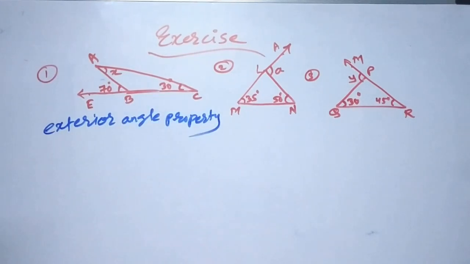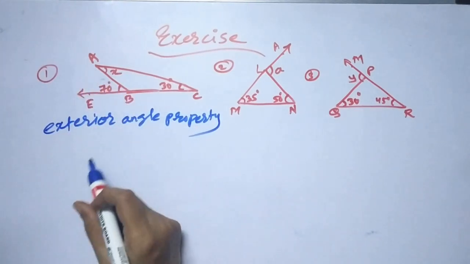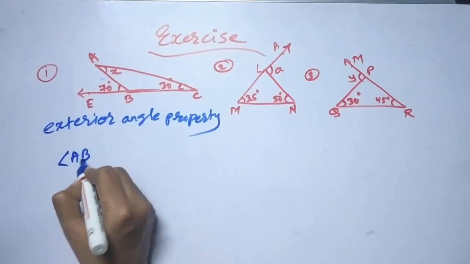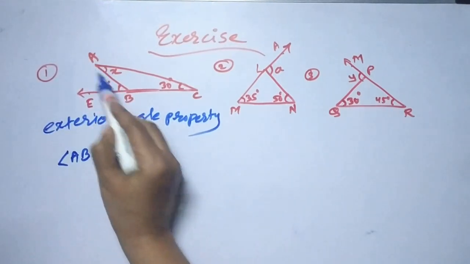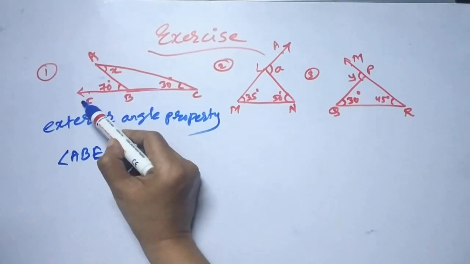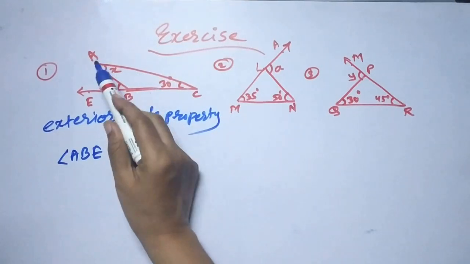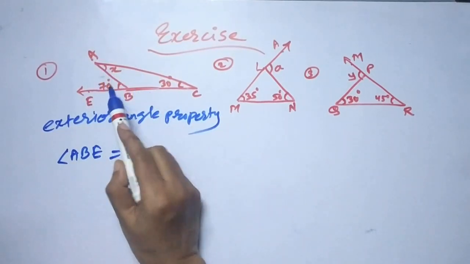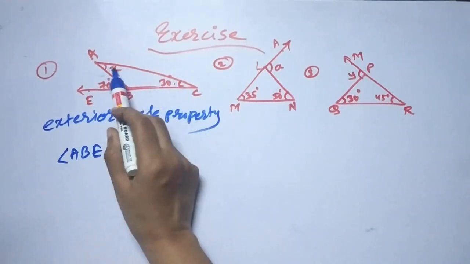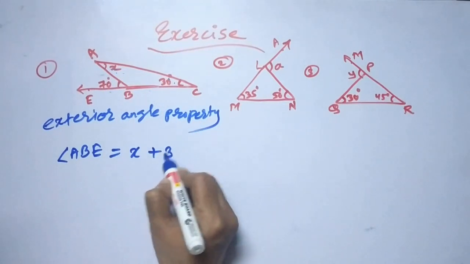The exterior angle property suggests that the exterior angle is equal to the sum of the opposite interior angles. How to find the exterior angle? It is formed by extending one of the triangle's arms, and the other arm is the triangle's own arm. Here ABE is the exterior angle, which is equal to the sum of its opposite interior angles, X and 30 degrees. So we'll write X plus 30 degrees.